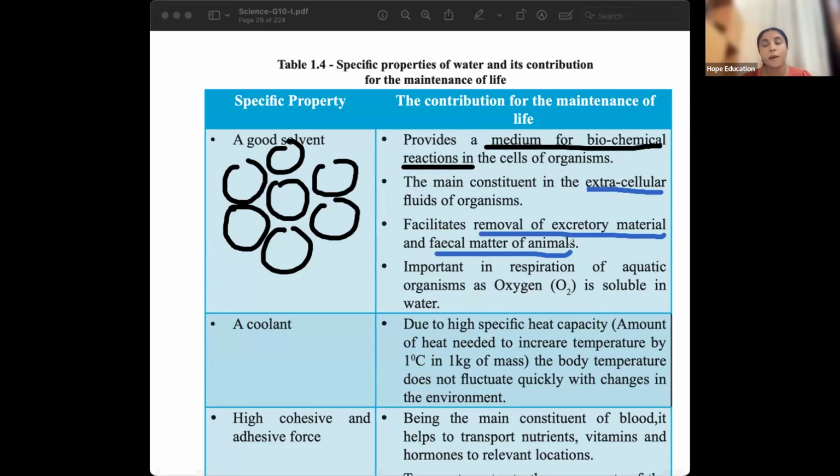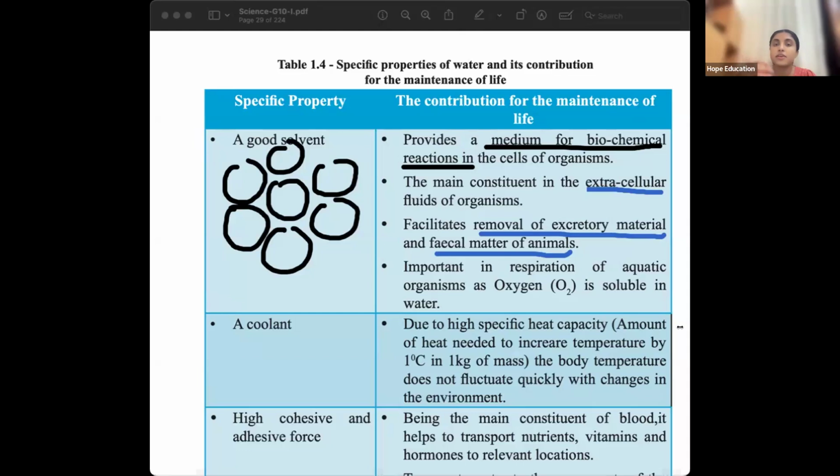When you remove feces from your body, will it be easy or difficult? I mean, you don't have to be embarrassed to say it, right? It's a common experience. If you don't drink enough water, how will that experience be? Removing feces from your body. How will it be? Easy or difficult? Yeah, bad, difficult. Why? Without water, your feces becomes very dry.